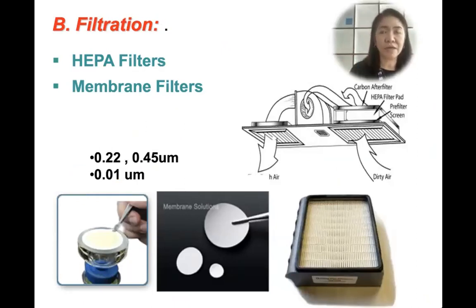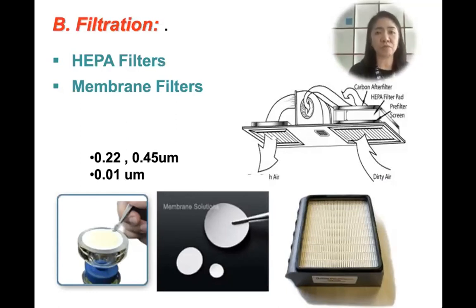Of course, another way of removing infectious organisms from your materials, you can also use filtration. So other than heat, we use filtration. So in filtration, you can use your HEPA filters, which you can find in our BSCs, biosafety cabinets.